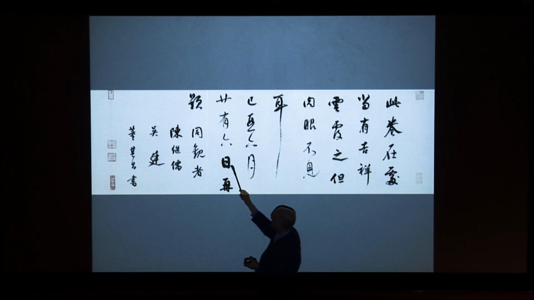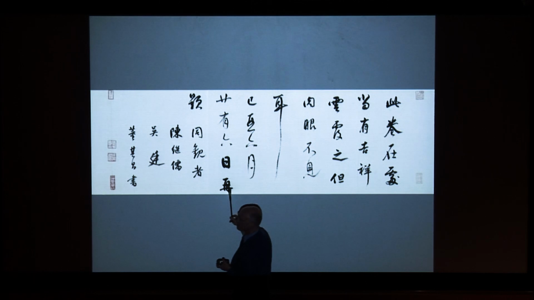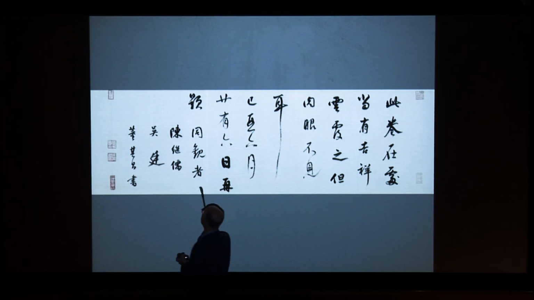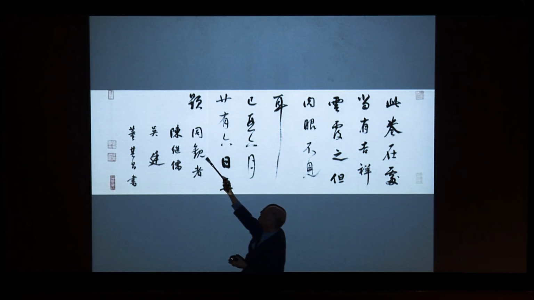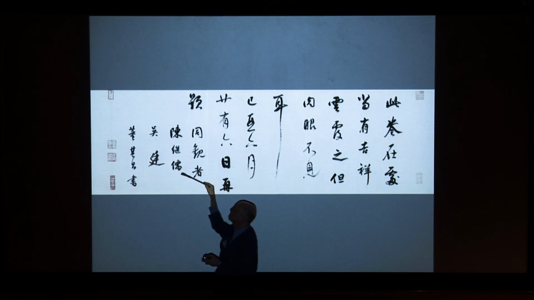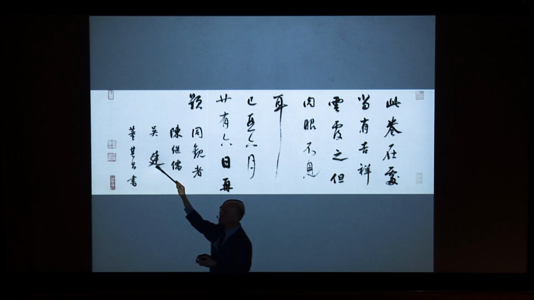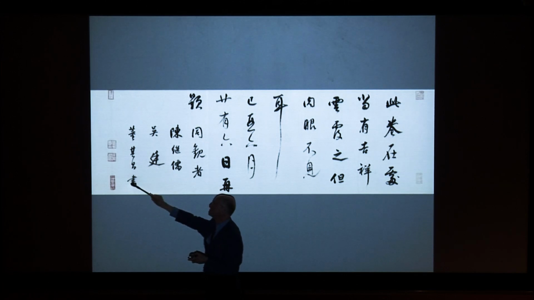Here are the dates of the colophon, 16 something or other, and then, fascinating, Tong Guanzhe. That means the people with whom I'm looking at it, two of his friends, Chen Jiru and a man named Wu Ting, who later owned the scroll, and then Dong Qichang wrote.